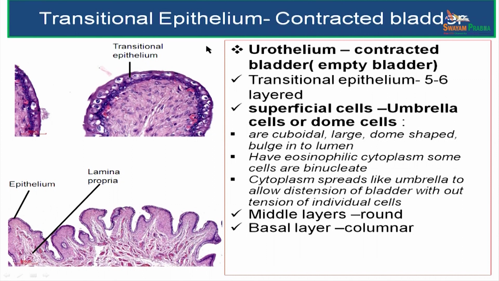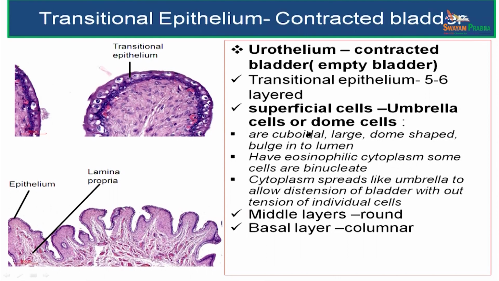We will look at some of the features of the transitional epithelium in an empty bladder or a contracted bladder. As I have already told you, transitional epithelium is 5 to 6 layers thick. The superficial cells are called umbrella cells or dome shaped cells.